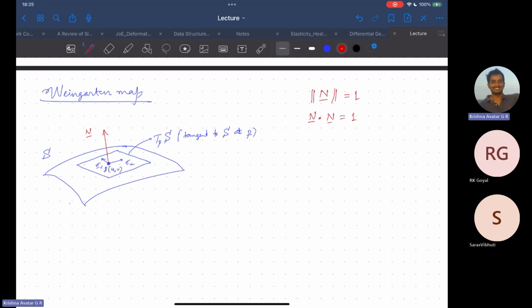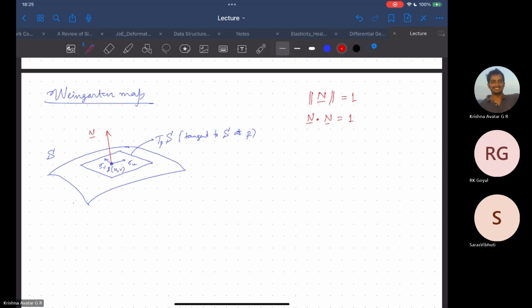And if you differentiate it, I'm not specifying with what parameter I'm differentiating, it becomes n dot dn plus dn dot n is equal to 0, because 1 is a constant scalar.